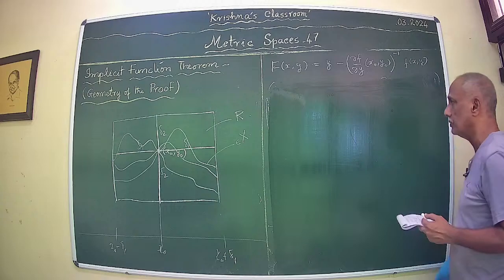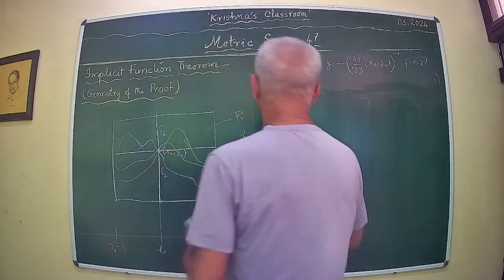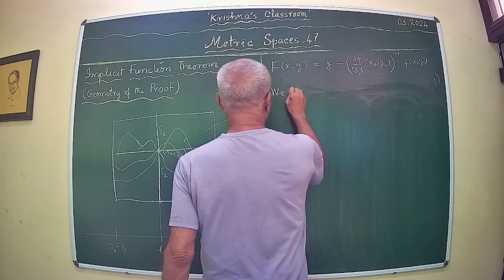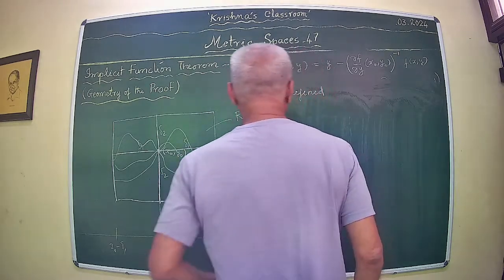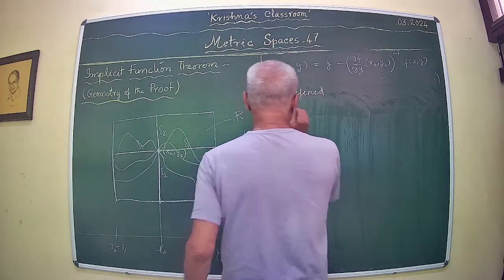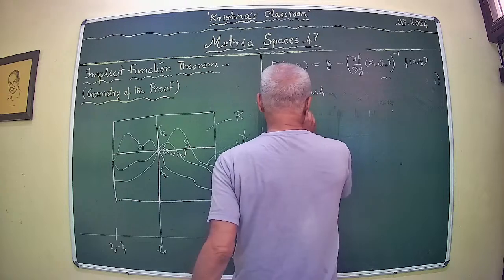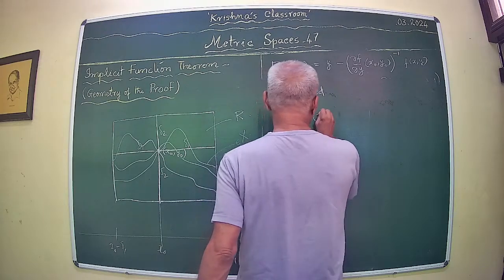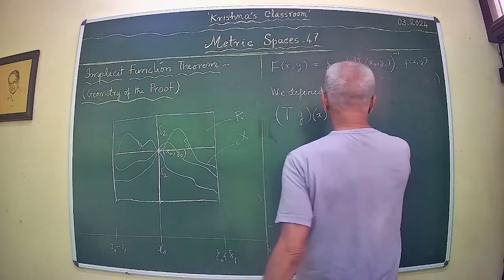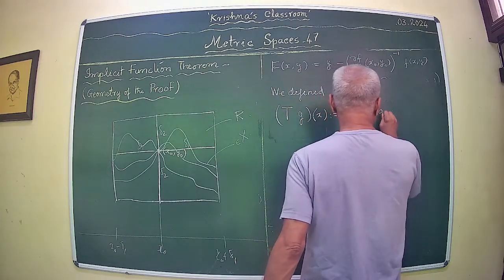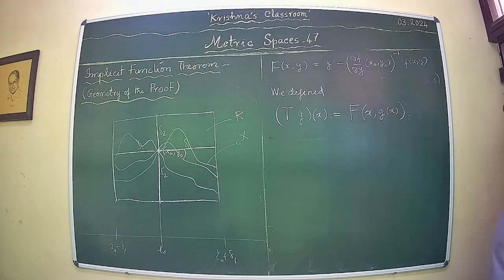Now what have we proved? We defined Tg to be f of x, g(x).